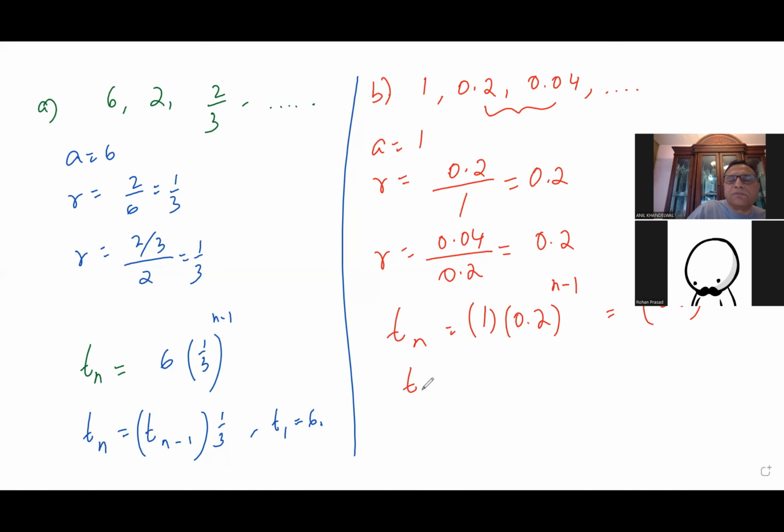So if T1 is equal to 1, then the nth term will be 0.2 times Tn minus 1. You can also write this as 1/5 times Tn minus 1, right? Is that clear to you?